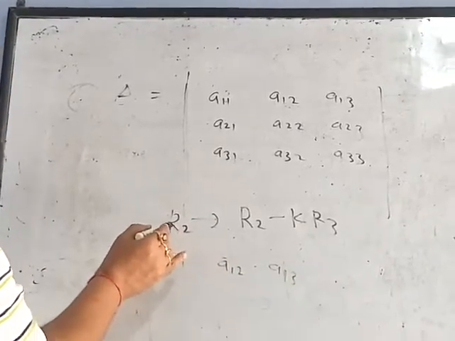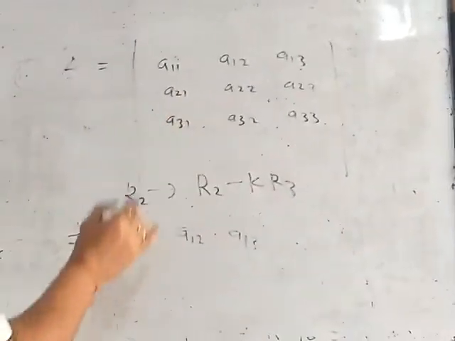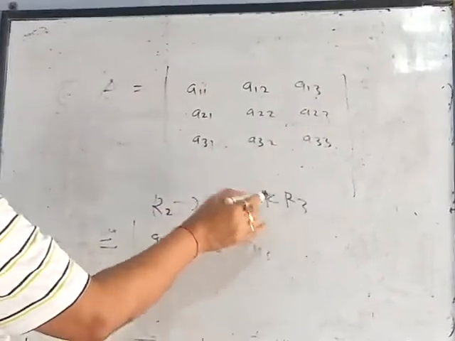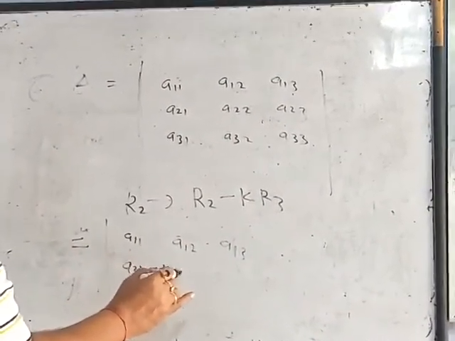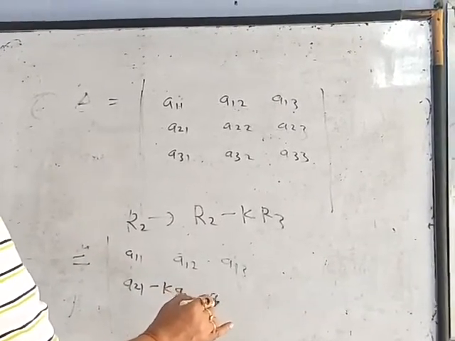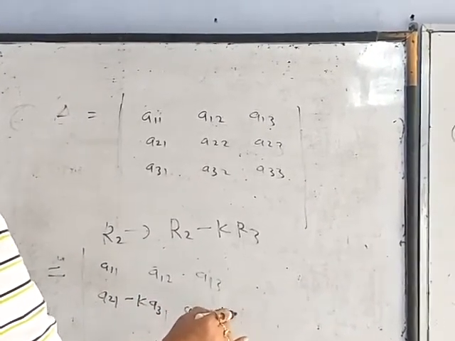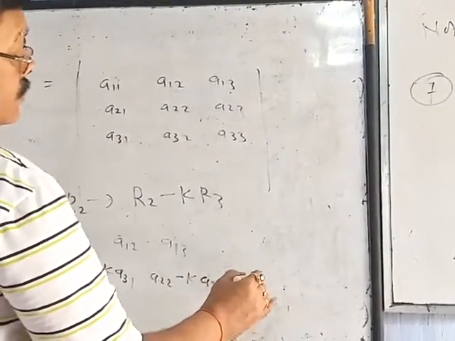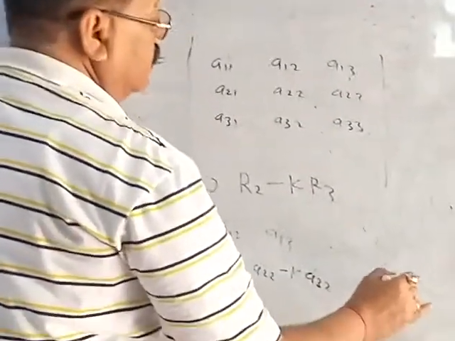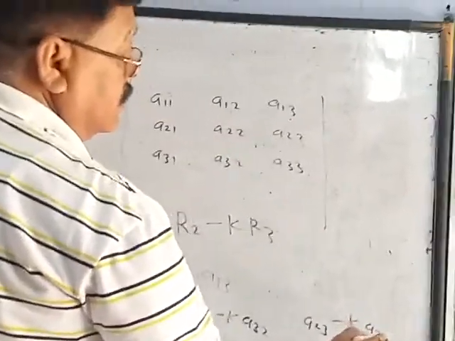Here R2 is changing, so it will be R2 minus kR3: A21 minus kA31, A22 minus kA32 and A23 minus kA33.